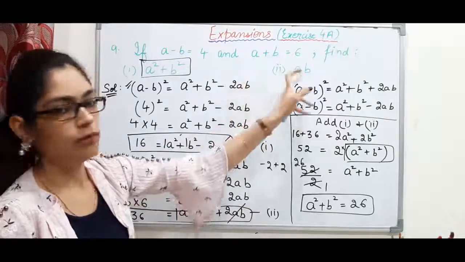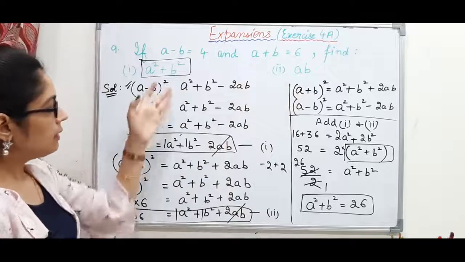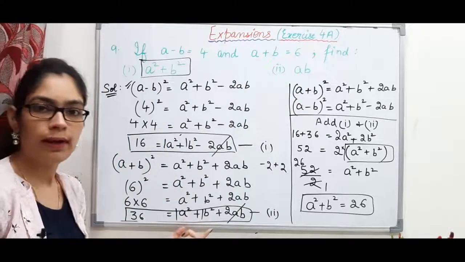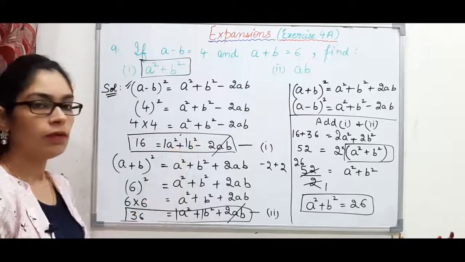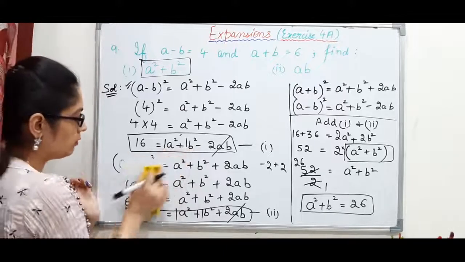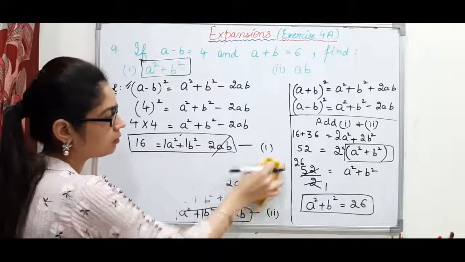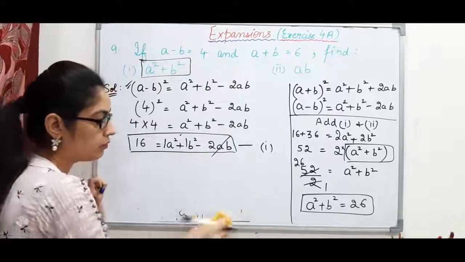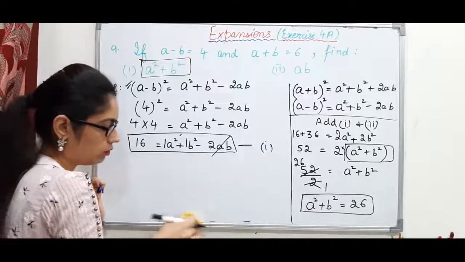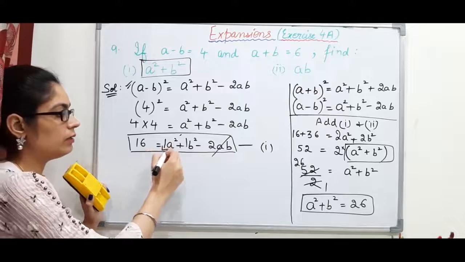Let's find the value of ab now. So ab, it's very simple. See, we have two equations, this one also and this one also. Any one equation we can use, because now we have the value of this also. If I use this one only, our first equation, so let's use that. You can either use first one or second one also, because in both the equations, see, this value now we have got.